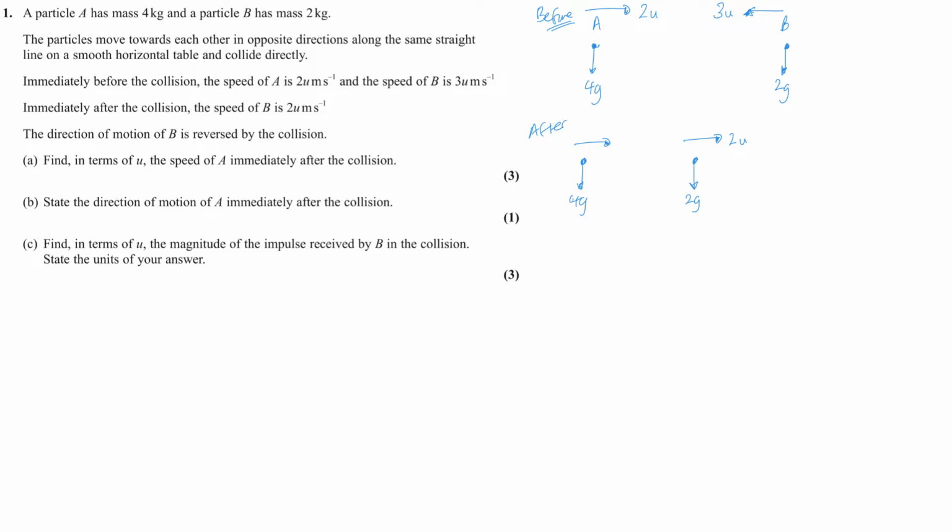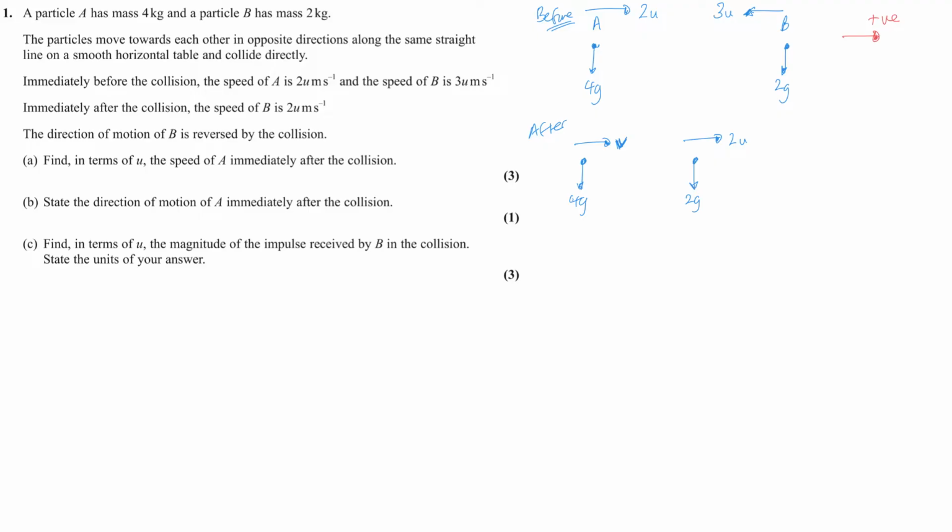And afterwards, we'll assume A is going in the same direction. As long as you're consistent with the directions, it will come up as a negative if A changed direction as well. Find in terms of u the speed of A immediately after the collision. So we've got to find our v in this case. For this, I'm going to take this direction as positive.